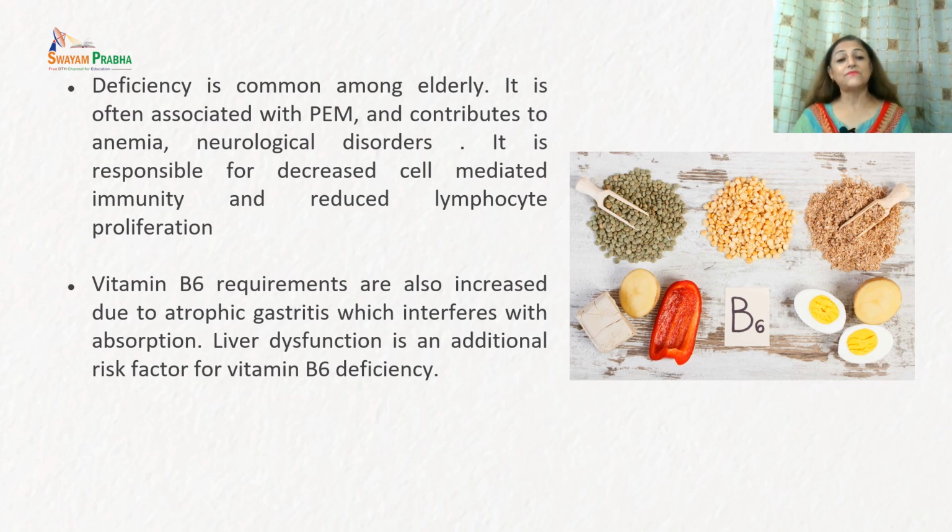Similarly, liver dysfunction is an additional risk factor for vitamin B6 deficiency. That is why an estimated average requirement of 1.6 milligram and an RDA of 1.9 milligram has been suggested by the Indian Council of Medical Research for the elderly.